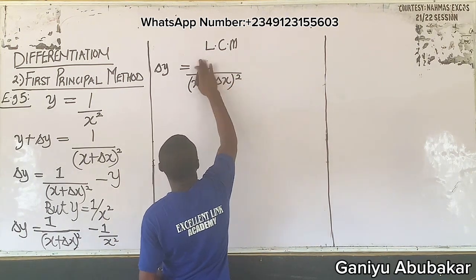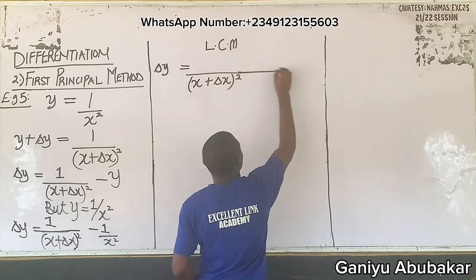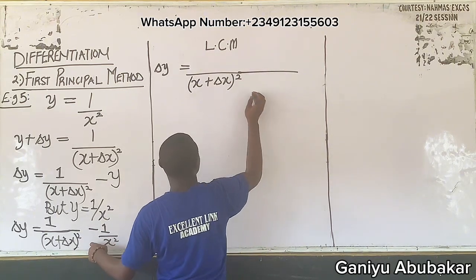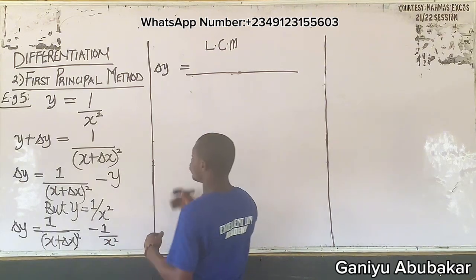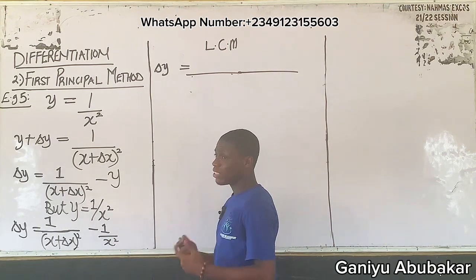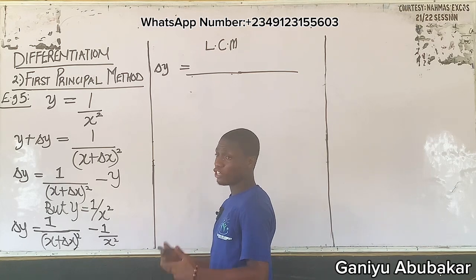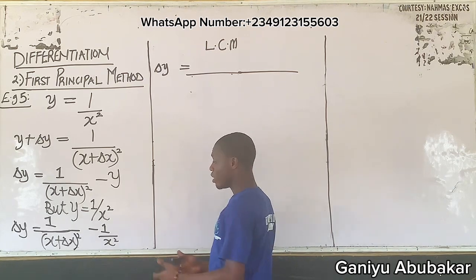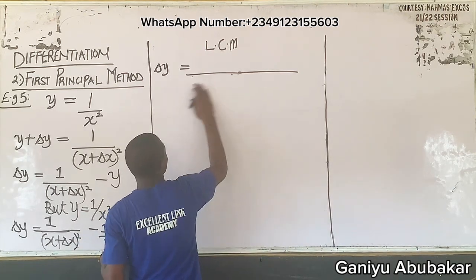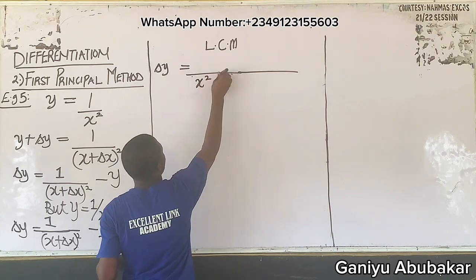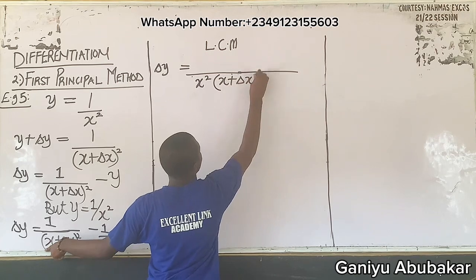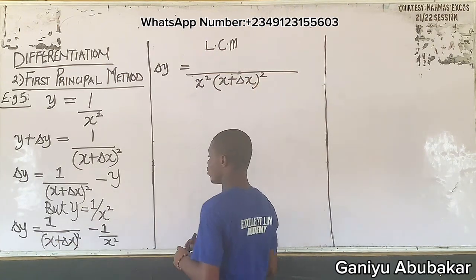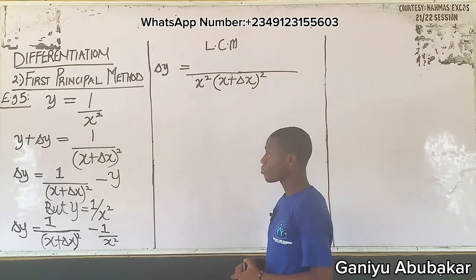To save time, the LCM is the product, so I just put the LCM there: x squared into x plus change in x squared. These are my two LCM values.